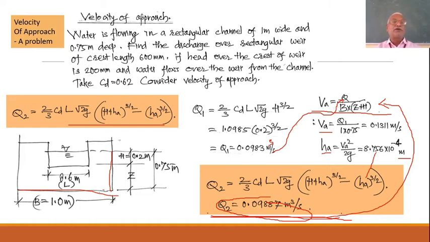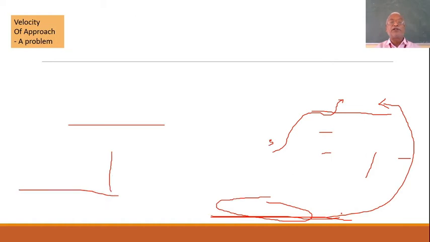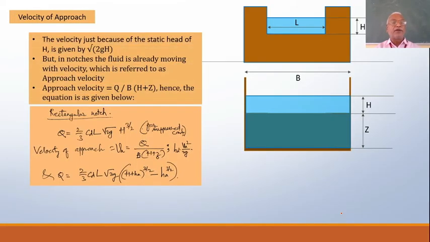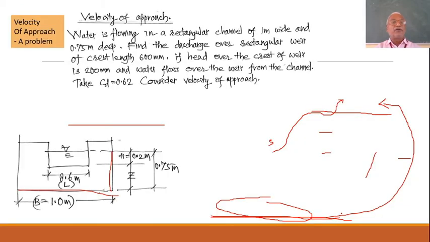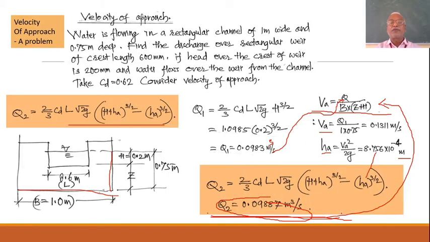So that is velocity of approach. Why velocity of approach comes into action, we have already seen, because the flow is running with the full width.